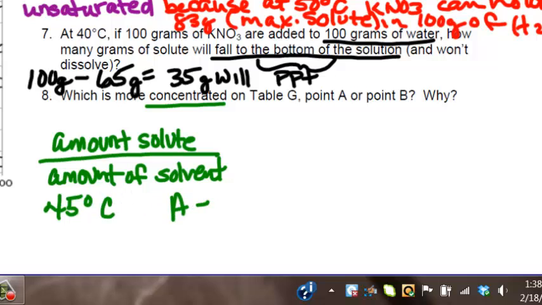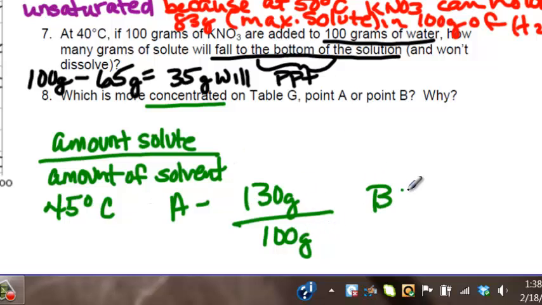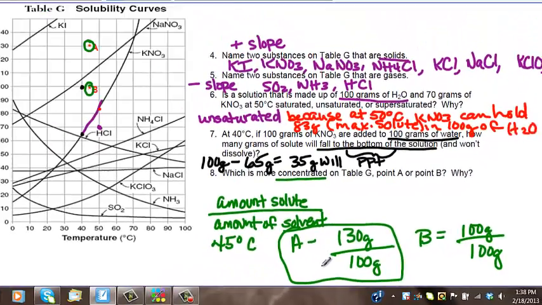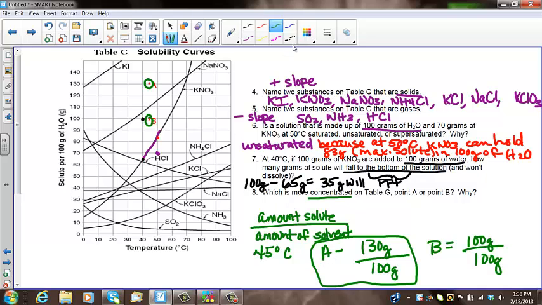However, A has 130 grams per 100 grams of water, and B has approximately 100 grams per 100 grams of water. So we can definitely say that A is more concentrated. So this one is more concentrated.